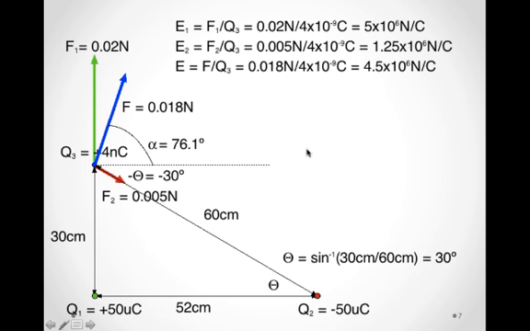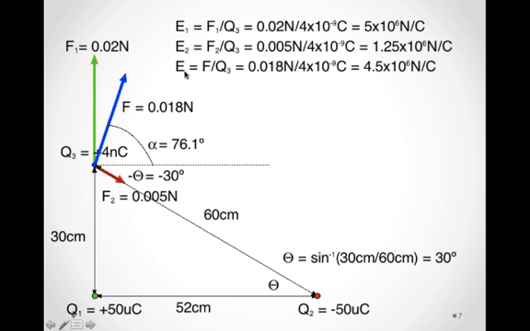Notice that those are pretty big numbers always for the electric field strength. And likewise, the electric field here associated with Q2 would just be the electric force from Q2 divided by the test charge Q3 amount, and so that would be 1.25 times 10 to the 6 newtons per coulomb.